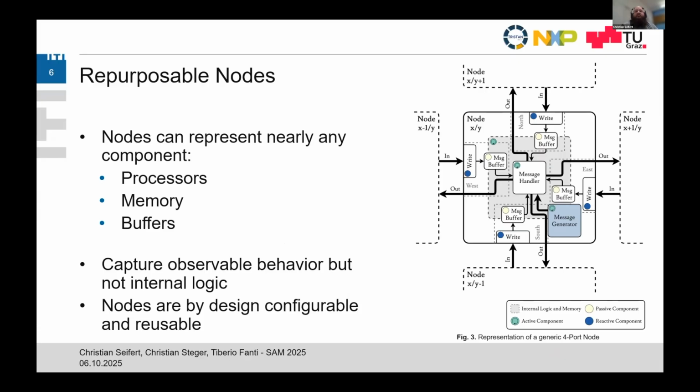These abstract units represent system elements like processors, memories, and interconnects, but it's important to mention that they focus only on observable behavior, such as message handling, instruction invocation, or transaction latency. The idea behind a node is that it's configurable, reusable, and can be connected into arbitrary system topologies.